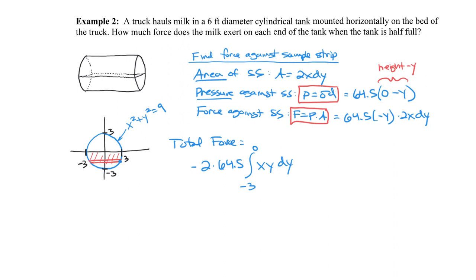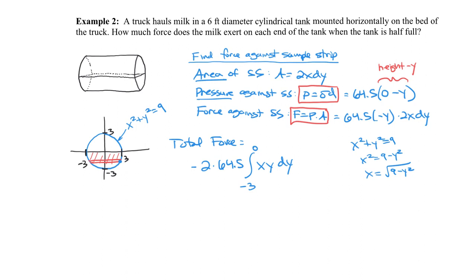So then we need to solve this for x. Well, if I have x squared plus y squared equals 9, that means x squared equals 9 minus y squared, which means x equals the square root of 9 minus y squared. And I'm going to use the positive one only, not the negative, because these are these distances here for x, which are going to be positive distances.